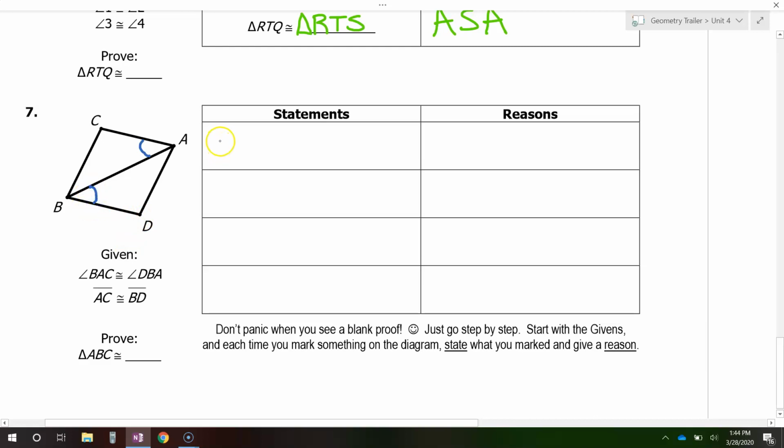All right, let's write that down. So angle BAC is congruent to angle DBA. And of course, that was given.